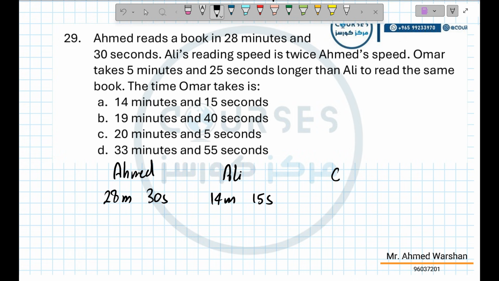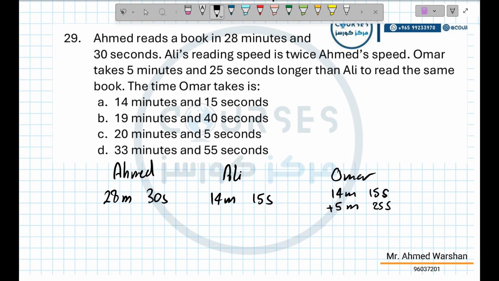And then Omar takes 5 minutes 25 seconds longer than Ali. So Omar has the same time as Ali, but we're going to add on 5 minutes and 25 seconds.